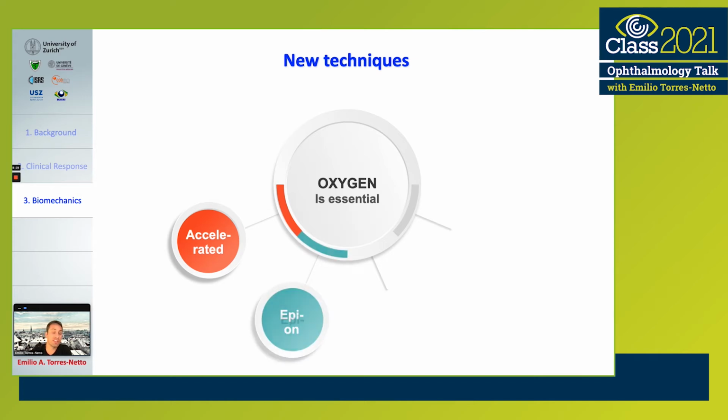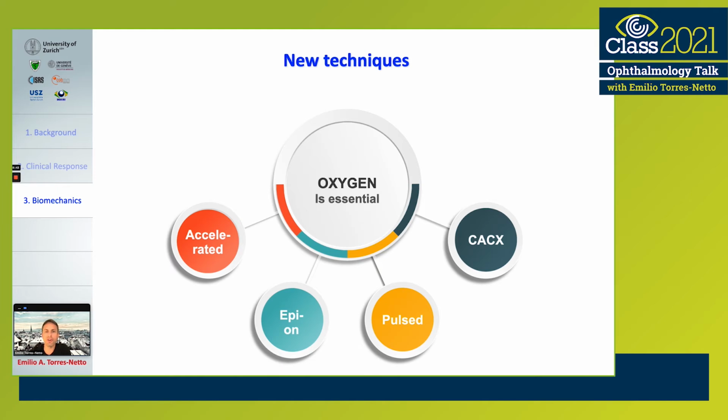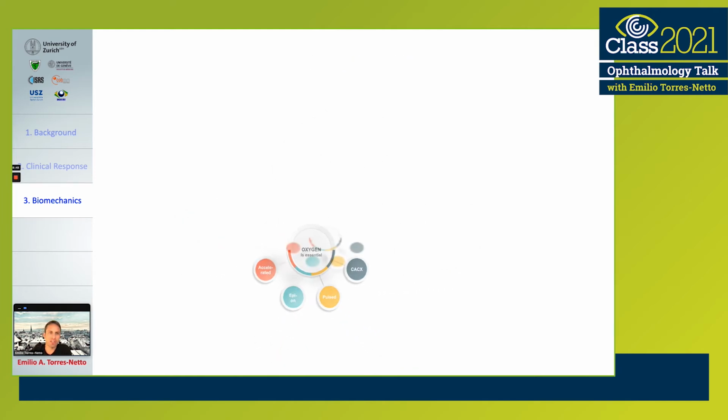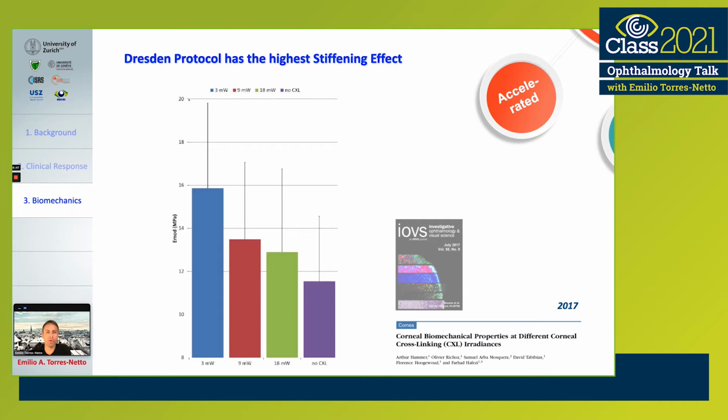For example, the accelerated cross-linking, or the epi-on cross-linking, or even pulsed cross-linking, but also other techniques. So as I said, the more we speed the procedure, the less biomechanical effect we have, and here shows exactly this.